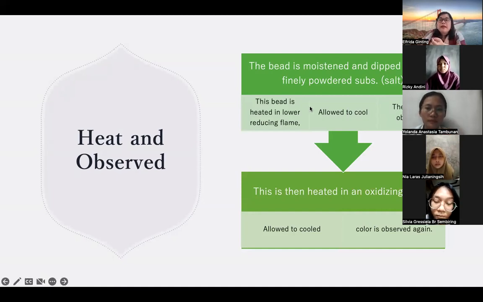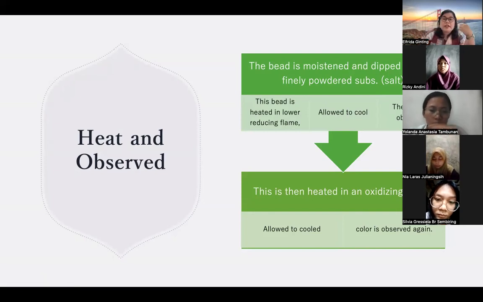And then you heat the bead that is already produced again, the glass-like material, in the lower reducing flame, and then you allow it to cool. And then you can see a different color.